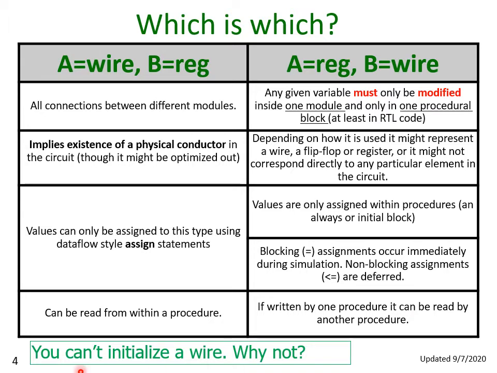Let's see, one other point I want to make from this slide, backtracking to a wire. It says you cannot initialize a wire. Why not? Seems like a nonsensical statement. Well, it is nonsensical, but students will try to do this in their code, not realizing that they're doing it.